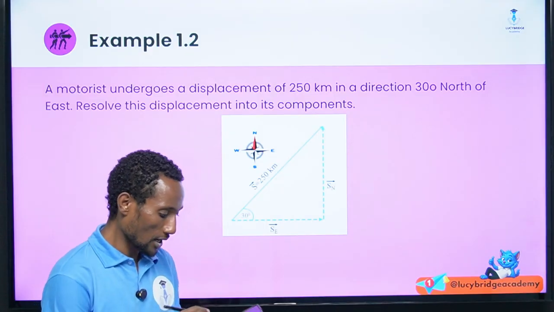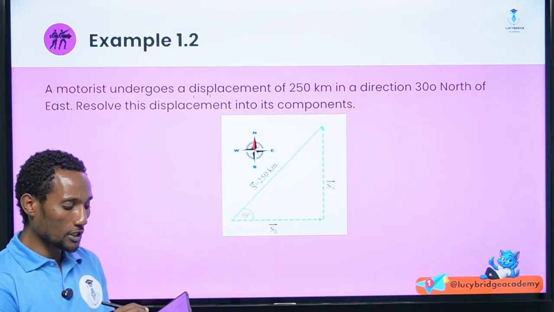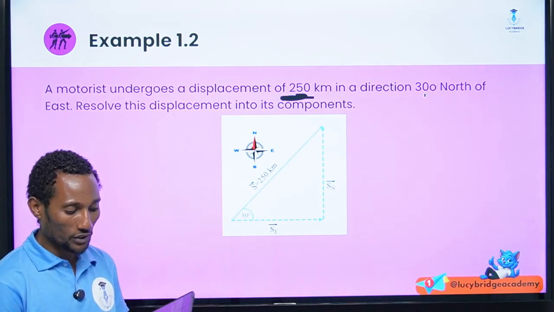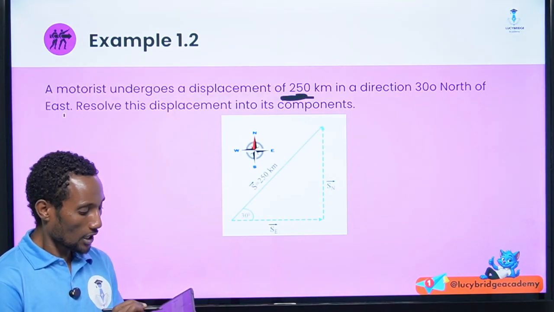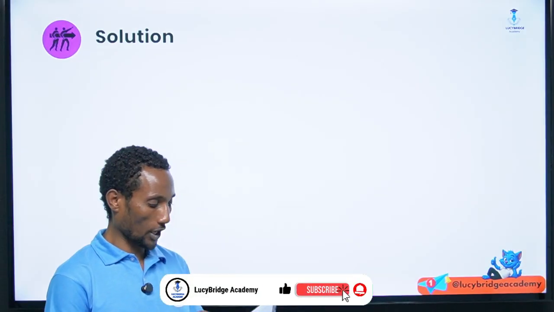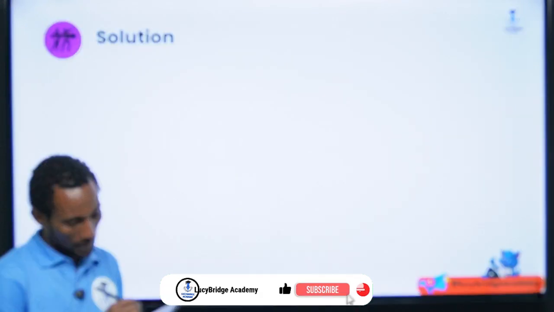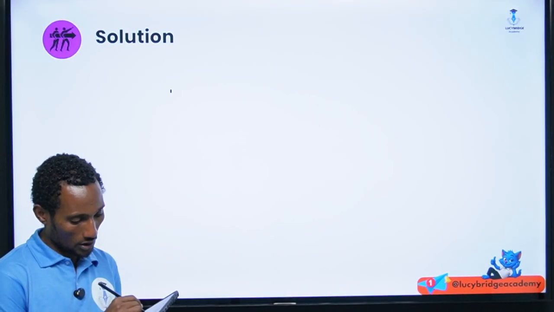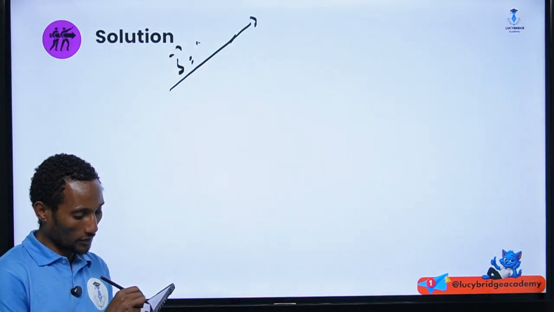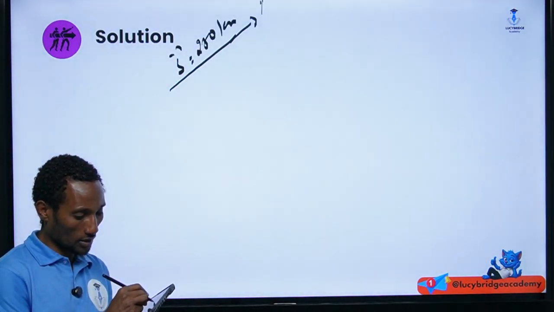For example, a motorist undergoes a displacement of 215 kilometers in the direction of 30 degrees north of east. Resolve this displacement into components. In our solution, the motorist travels a displacement of 215 kilometers to the northeast.